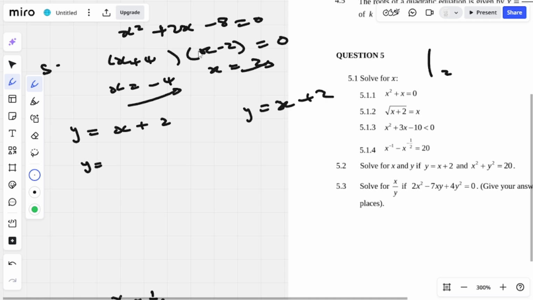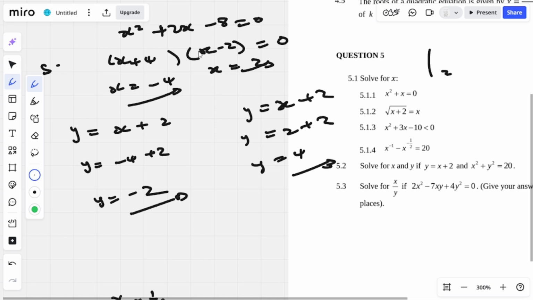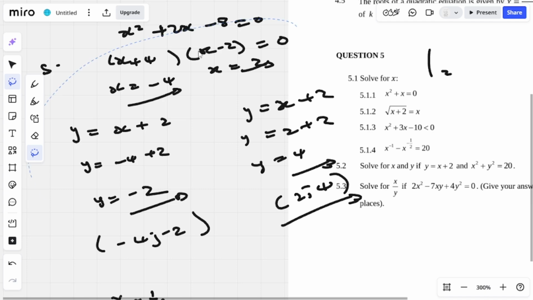So we're going to have y is equal to minus 4 plus 2, and y is equal to 2 plus 2, which is y is equal to minus 2, and y is equal to 4. Therefore, my values in coordinate form, these are the answers for both of them. The x value is 2 and y is 4, and the other one is x is minus 4 and y is minus 2.